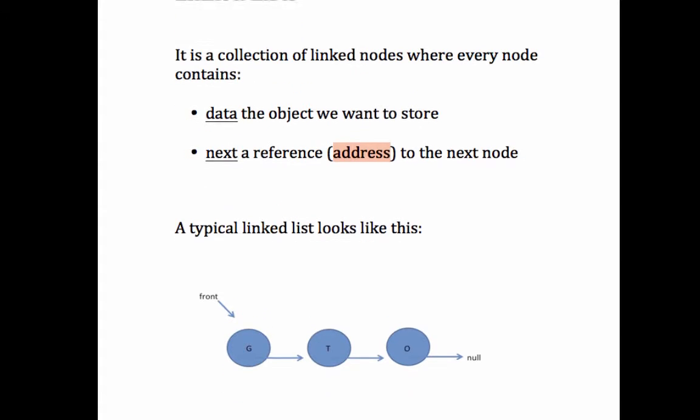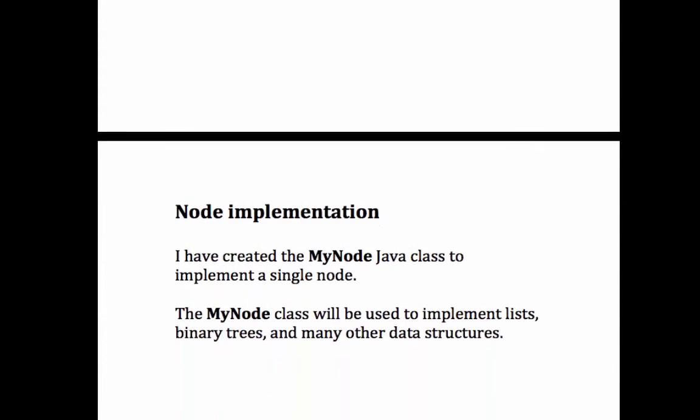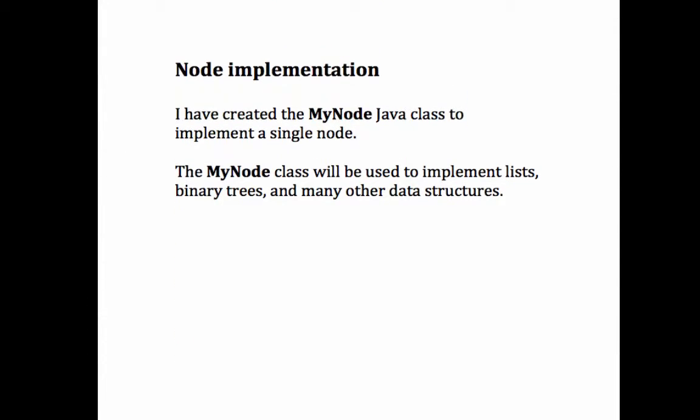I have created a class called myNode. So in order to implement the linked list of nodes, I'm going to first create or implement a class for a single node. And this class called myNode, you're going to see in other videos, is being used to represent anything that we can represent using what is called reference-based implementations.